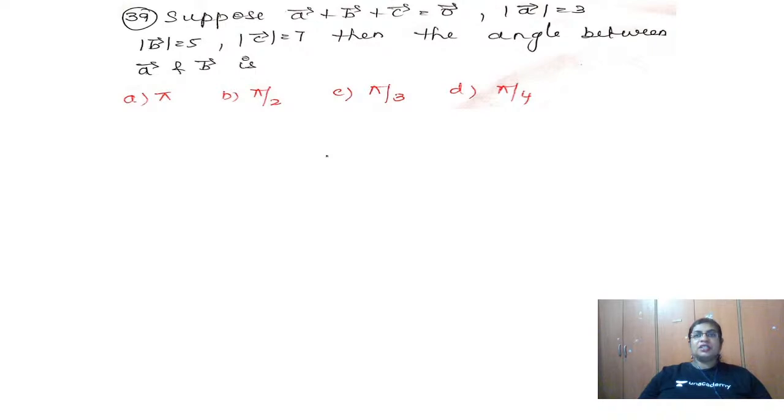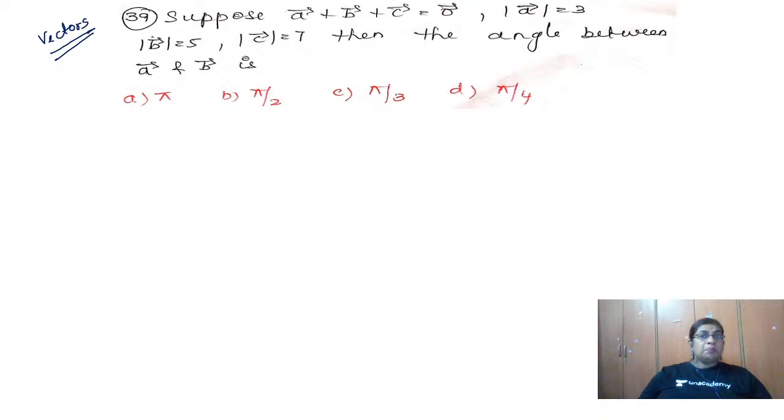Yes, next question. Once again, I found it from the vectors chapter. So let me give you which chapter that is. Okay, so it is the vectors chapter. Now, how to get this question here? So suppose A plus B plus C vector is equal to 0 vector and magnitude of A vector is equal to 3.